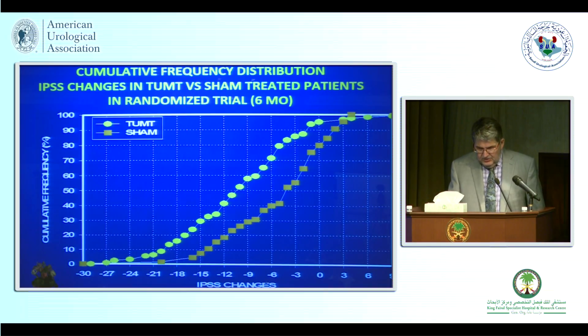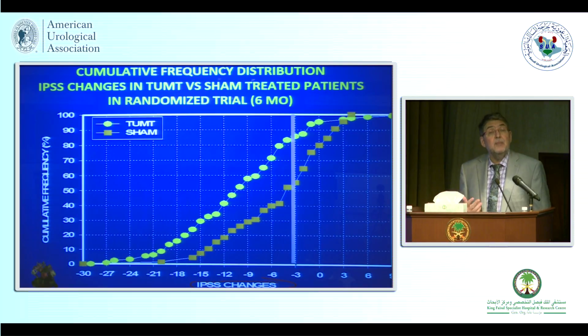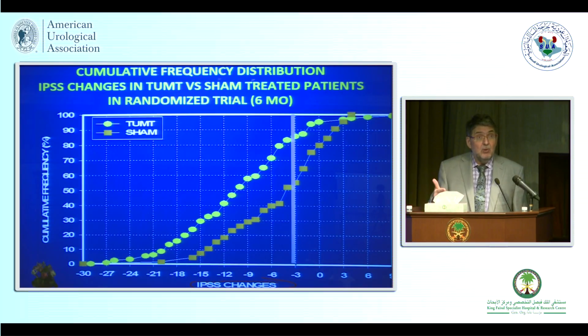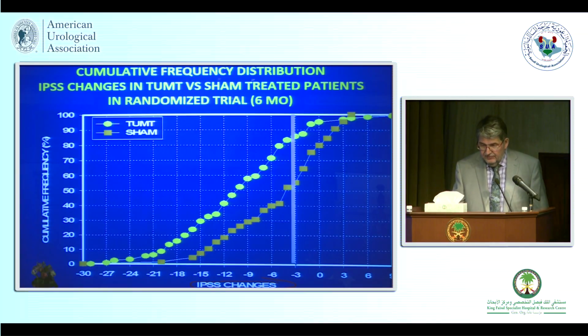On the x-axis, you see the symptom score changes, IPSS score changes, for 2 different treatments, a microwave treatment and a sham treatment. And what you see is the cumulative frequency of patients who reached certain changes. So for example, when you draw a line here at -3, that would be the improvement in symptoms by 3 points, sort of a threshold, a marginal threshold that is considered significant.